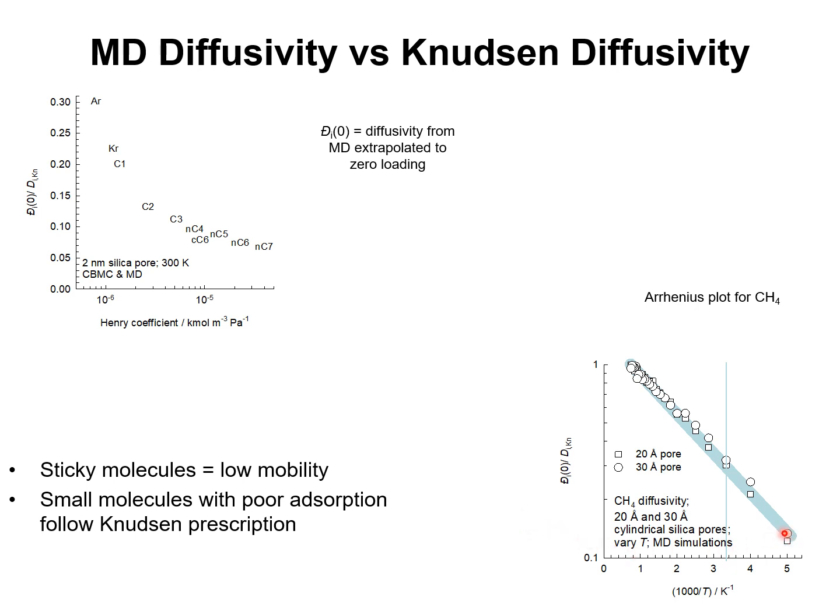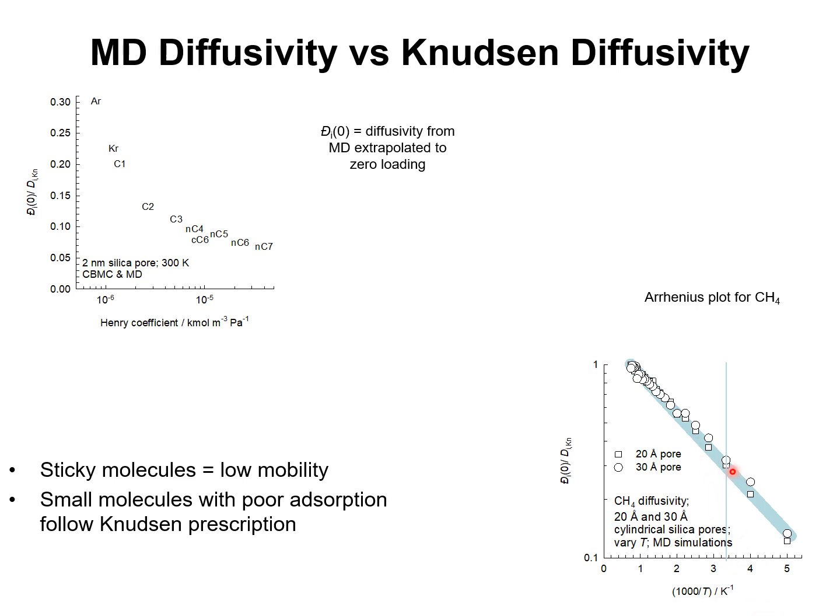This is indeed found to be the case for methane in a 2 nanometer pore, indicated by these circles, and a 3 nanometer pore indicated by these squares. In each case, as the temperature is increased, the ratio of the diffusivity determined from MD to the value of the Knudsen prescription approaches unity.